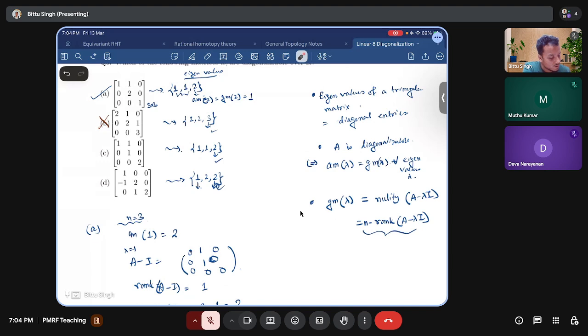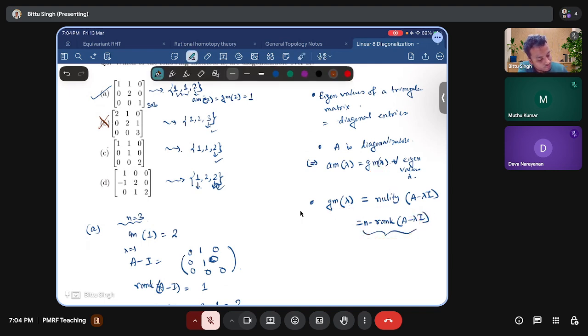So B is not diagonalizable. And what about this one? Again, if you subtract 1 from the diagonal, you get this matrix, and you can see that in this case also the rank is 2. Hence nullity is 1, which is strictly less than the algebraic multiplicity. So the geometric multiplicity in this case is strictly less than the algebraic multiplicity. Therefore, this is also not diagonalizable.